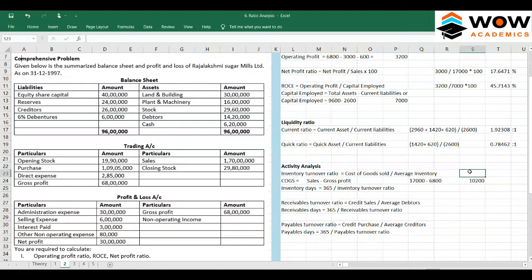Inventory is quite easy to find out, that won't be a problem. Inventory is here. It is 2960.